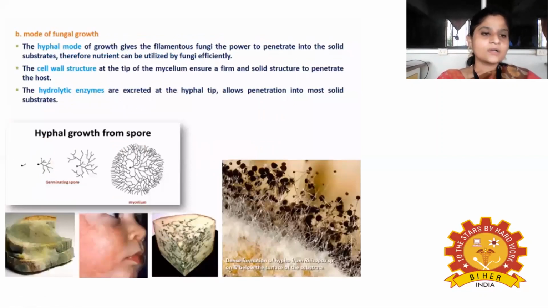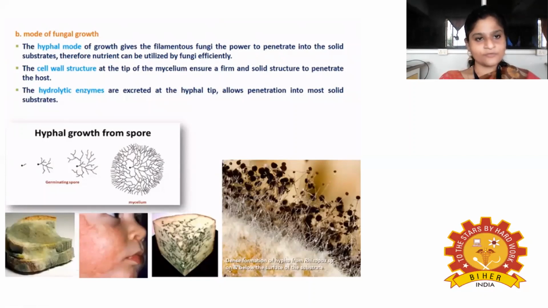So now the mode of fungal growth. The hyphal mode of growth gives the filamentous fungi the power to penetrate into the solid substrate. Therefore, nutrients can be utilized by the fungi efficiently. As I said, we are all aware of the growth stages of fungi.